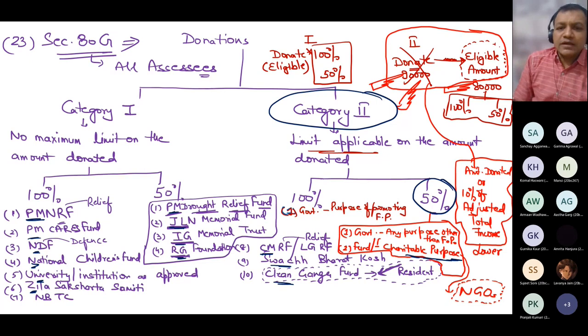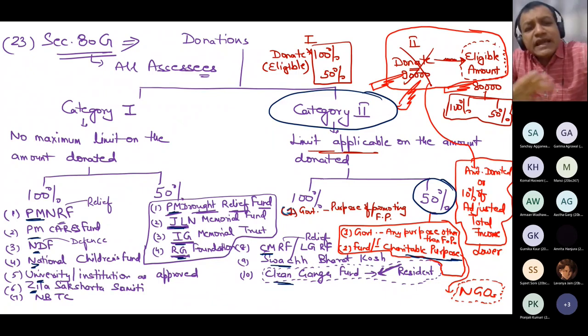Now please raise your hand if you have understood the names of these funds which are used either in category 1 or in category 2, and even in category 1 and 2, 100 or 50. Now can you easily identify? Now if I ask you any name, you must be confident that at least you can tell that this fund is covered under 100% in category 1, or 50% in category 1, or 100% in category 2, or 50% in category 2.